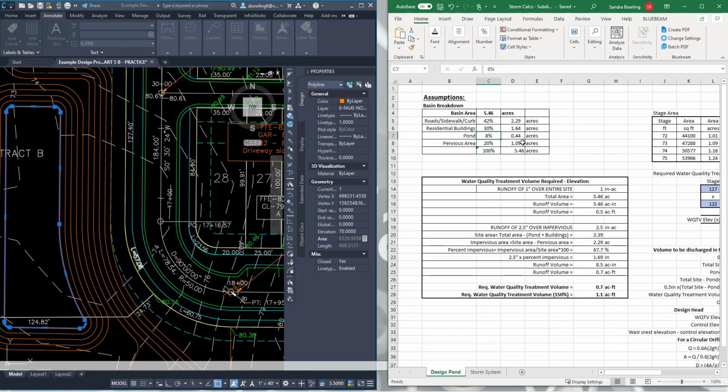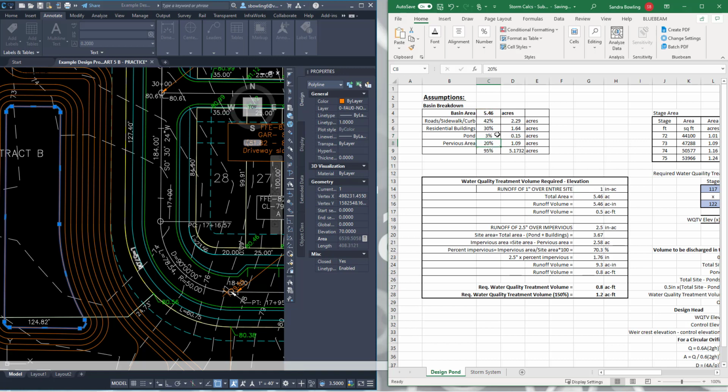So I'm going to go ahead and put 0.15 acres of pond. Let's see what that percentage is. Equals 0.15 divided by that.